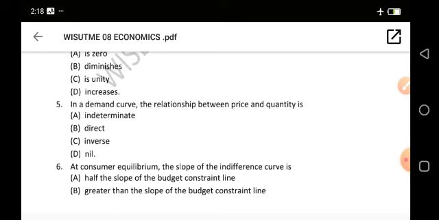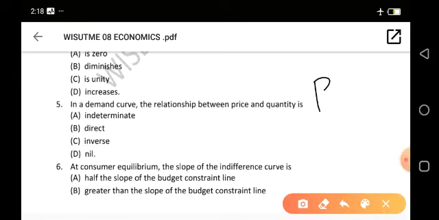Now, if you remember, the law of demand states that when price is high, then quantity demanded is low. So as price is increasing, quantity demanded is decreasing, which shows that there's an indirect relationship between price and quantity demanded, or what we call an inverse relationship.